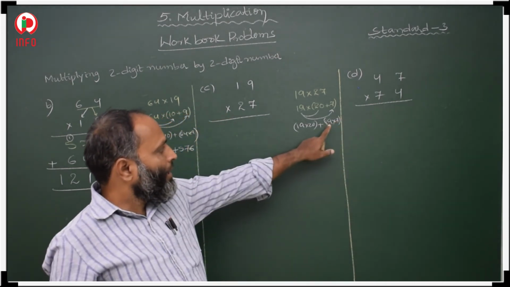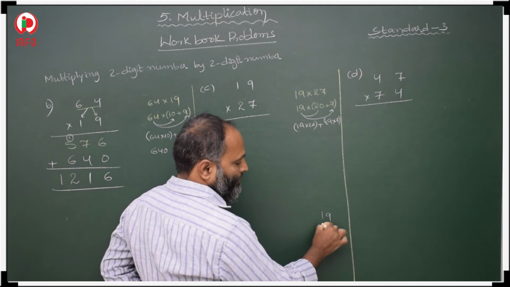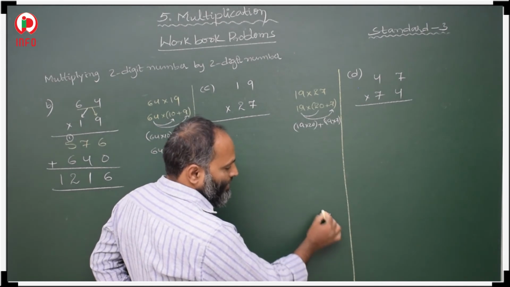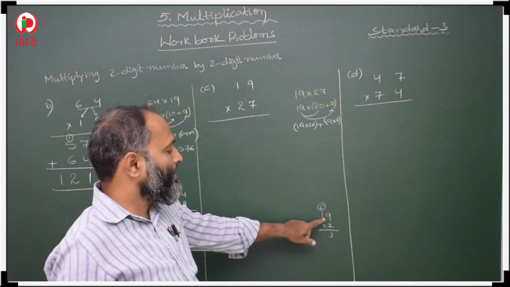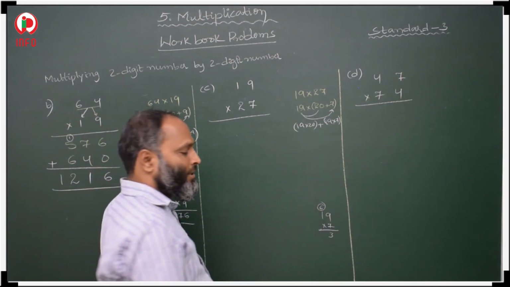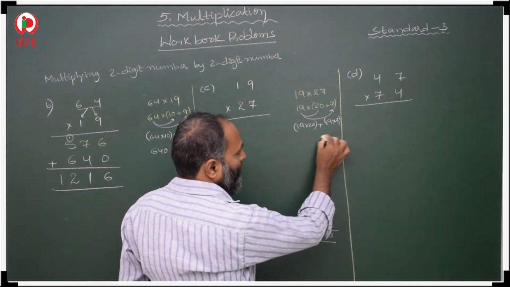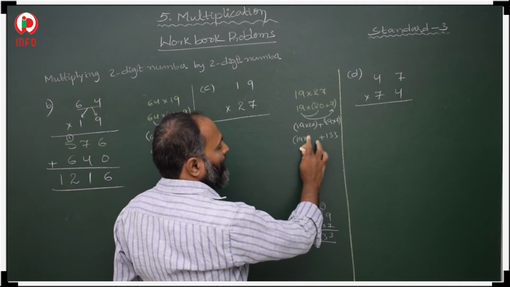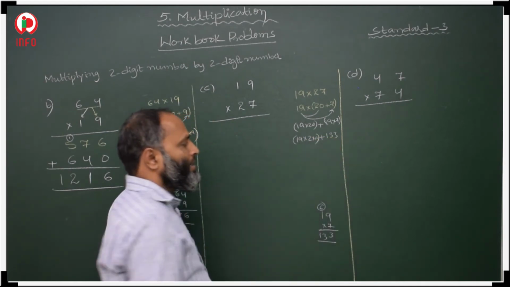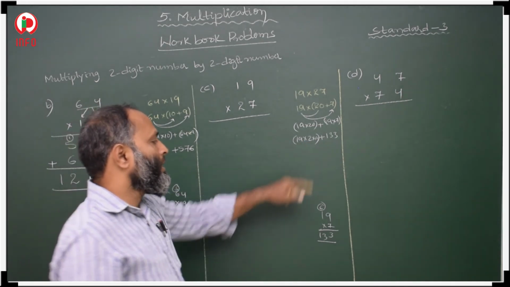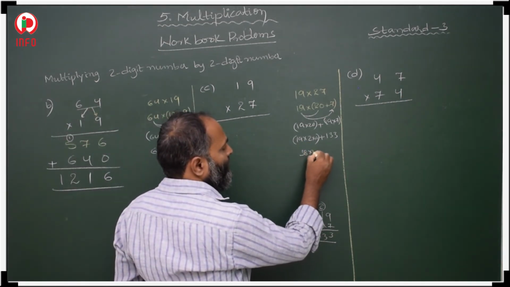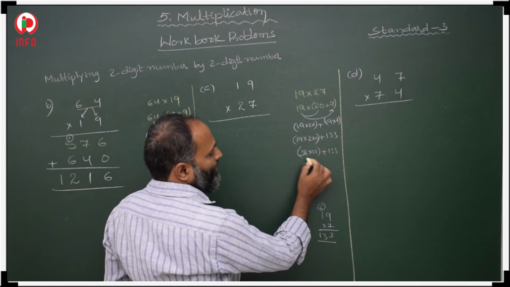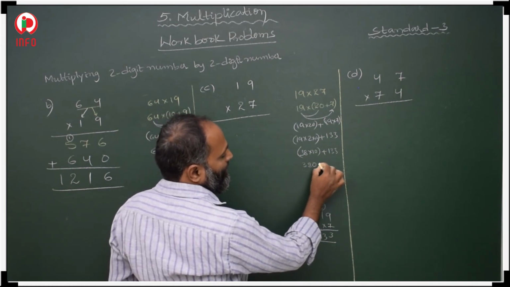First 19 into 7: 7 nines are 63, 3 ones and 6 tens. 7 ones are 7, 7 plus 6, 13. So 133. Then 19 into 20: 2 tens are 20, 19 twos are 38, 38 into 10, 38 tens, 380.